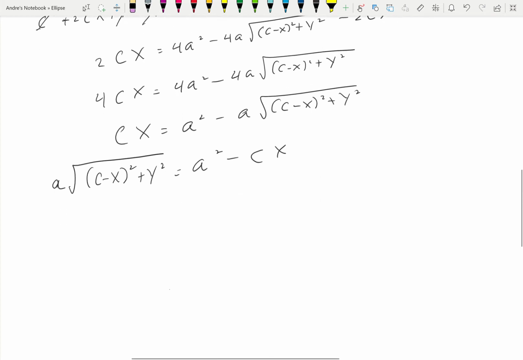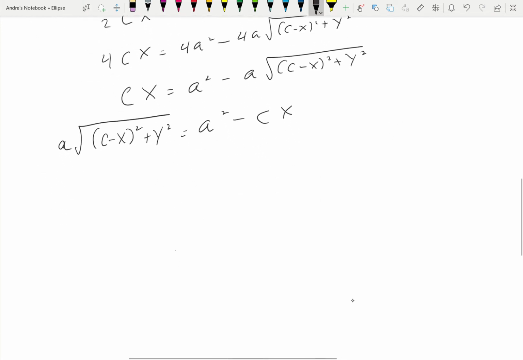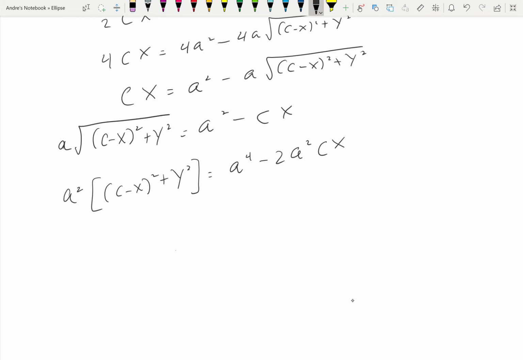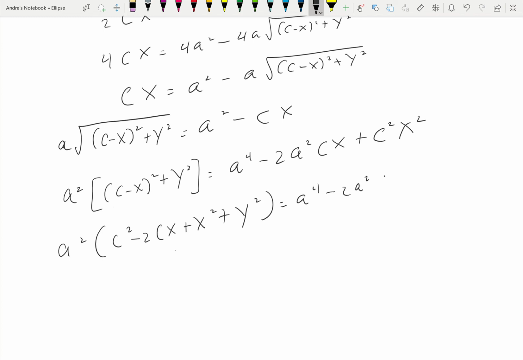If we go ahead and square both sides, we're left with a squared by (c minus x) squared plus y squared. On the right hand side, we're left with a to the 4 minus 2a squared cx plus c squared x squared. We can expand that bracket to get a squared into c squared minus 2cx plus x squared plus y squared equal a to the 4 minus 2a squared cx plus c squared x squared.